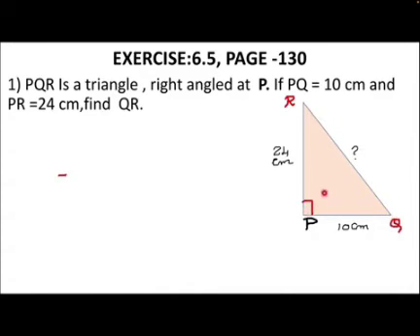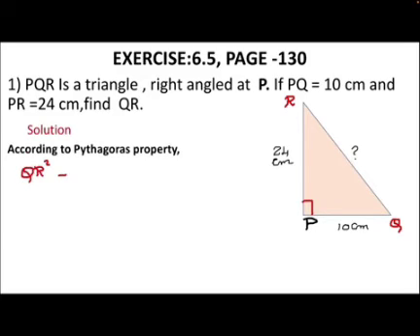This is the hypotenuse. How do we know it is hypotenuse? It is opposite to the right angle. Okay, children? Now solution. According to Pythagoras property, QR squared. Where is QR squared? You can see it's here. This is QR squared.